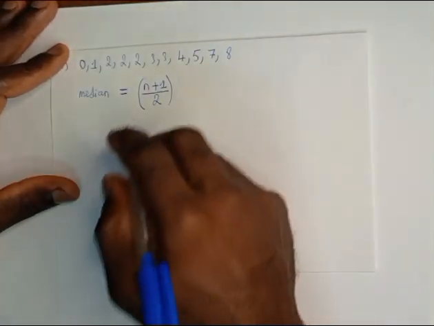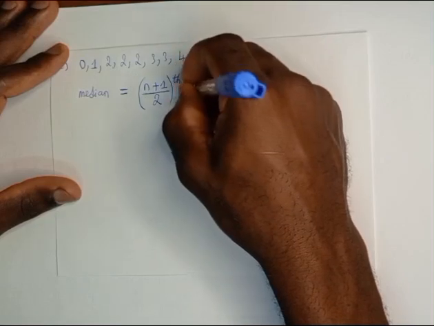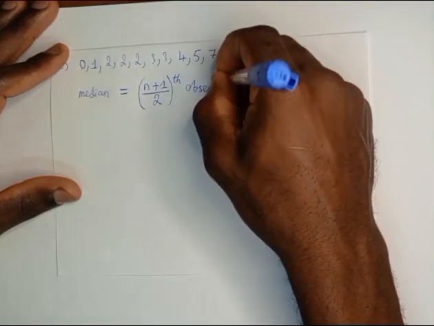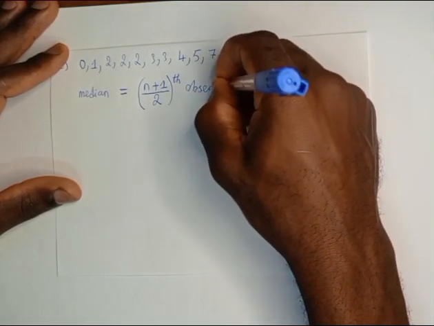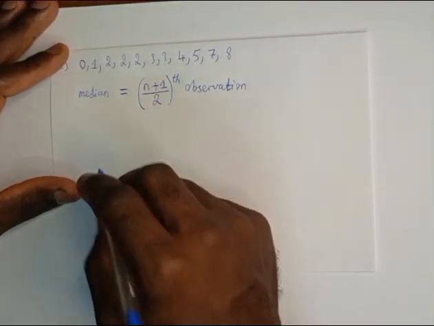So the median will be the n plus 1 divided by 2 observation, or score or number. We have 11 observations.